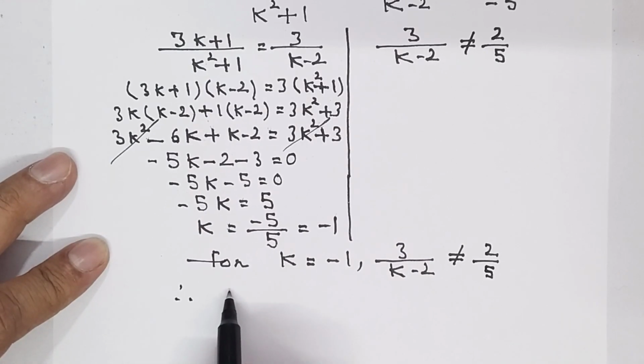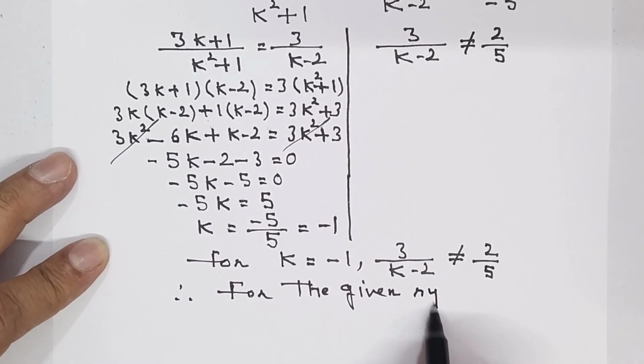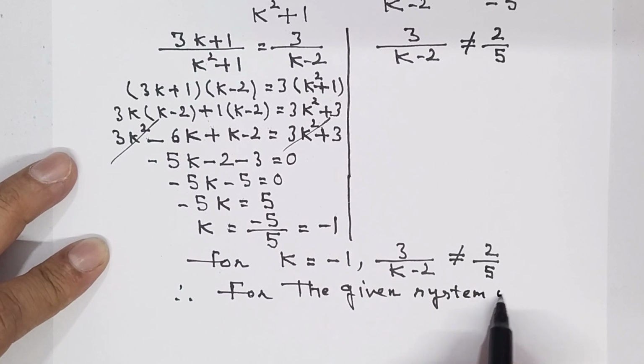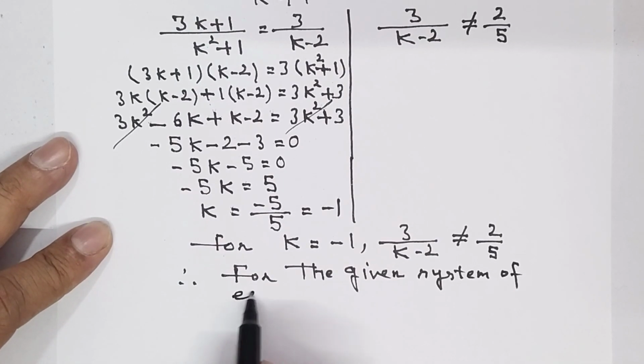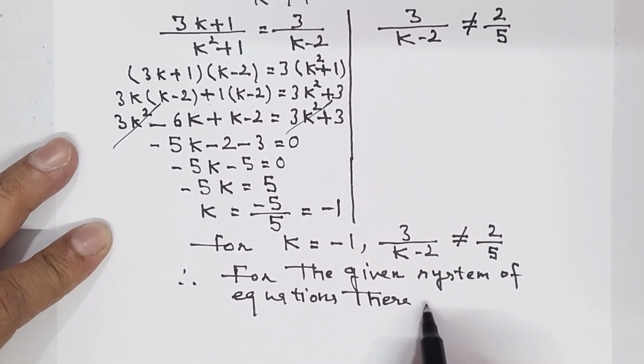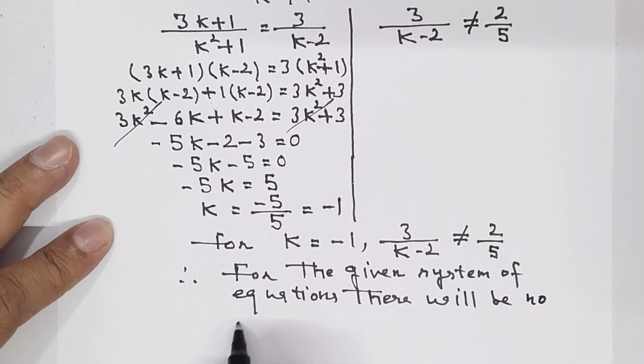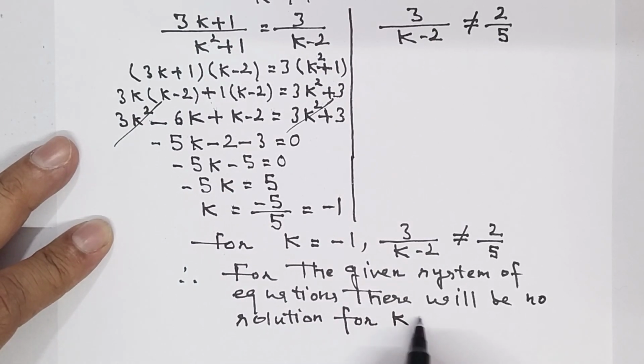Therefore, for the given system of equations, there will be no solution. There will be no solution for k equal to minus 1.